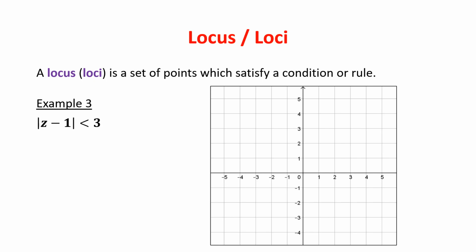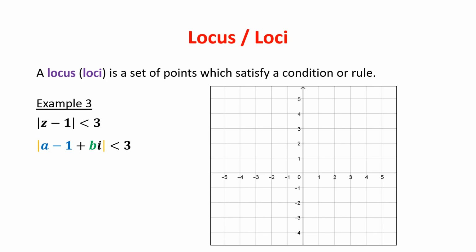But here's example 3. Let's find the locus or loci of points which satisfy this condition. We have the modulus of z minus 1 is less than 3. So, again, I'm replacing z with a plus bi and my minus 1. Again, I'm putting my minus 1 at the start with my a because I want my real bit to be a minus 1 and I want my imaginary bit to be b.